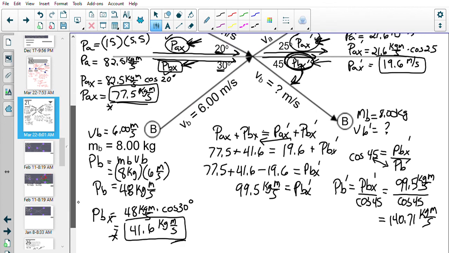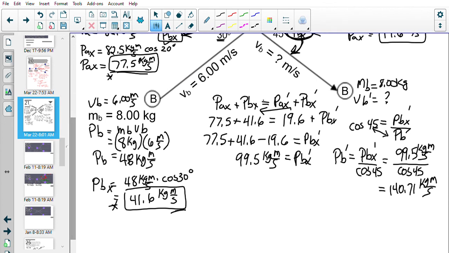Question didn't want to know the momentum. They want you to take the one last step and divide that by the mass.